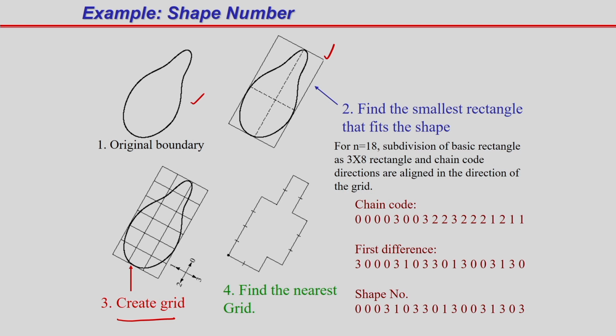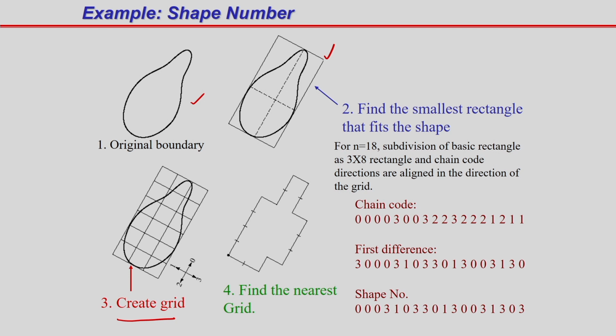Subdivision of basic rectangle as 3 cross 8. That means I am considering 3 columns and 8 rows, and chain code directions are aligned in the direction of the grids. So we can determine the chain code from the grids direction.